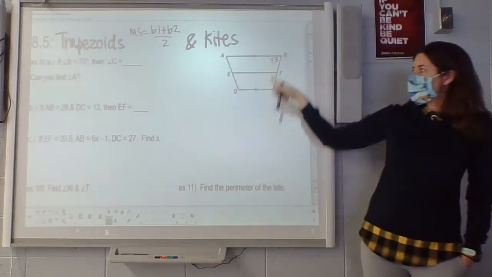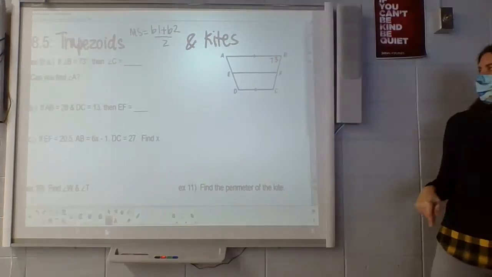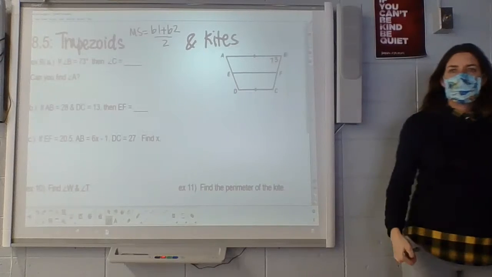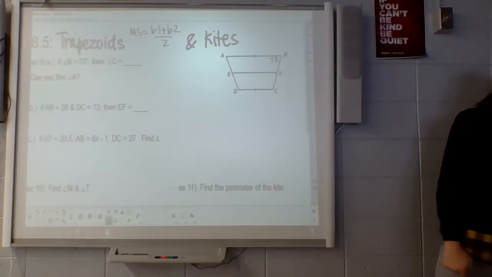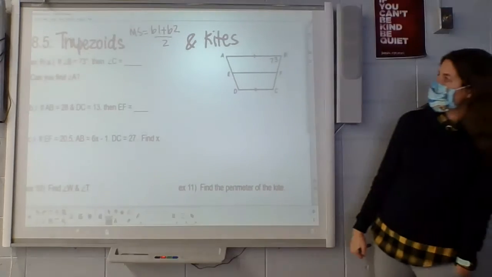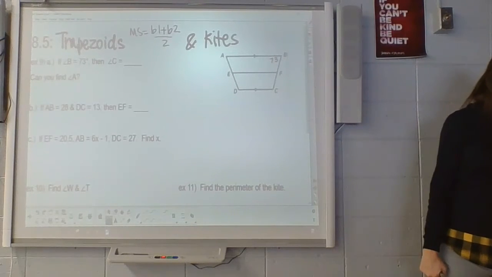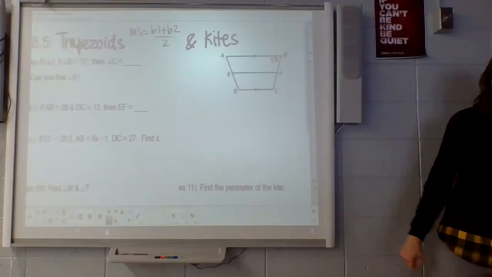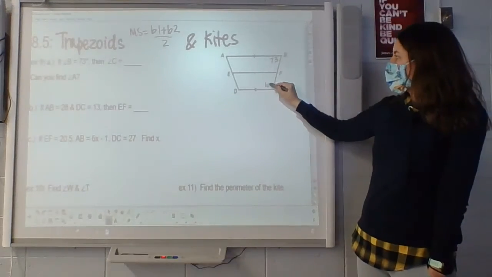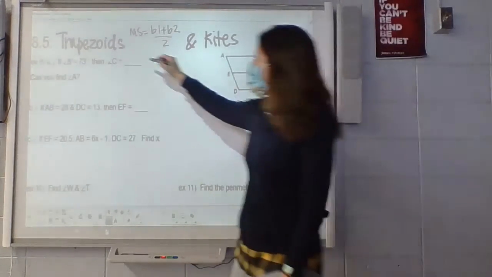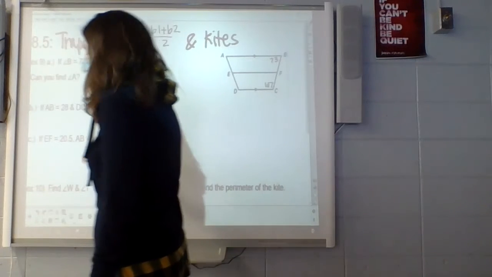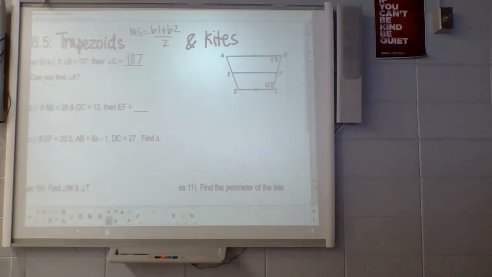We know it's a trapezoid because of the parallel lines. What's C going to be then? What's C going to be? 107, because they should add up to 180 together. So 107. So it asks us, can we find the value of angle A?